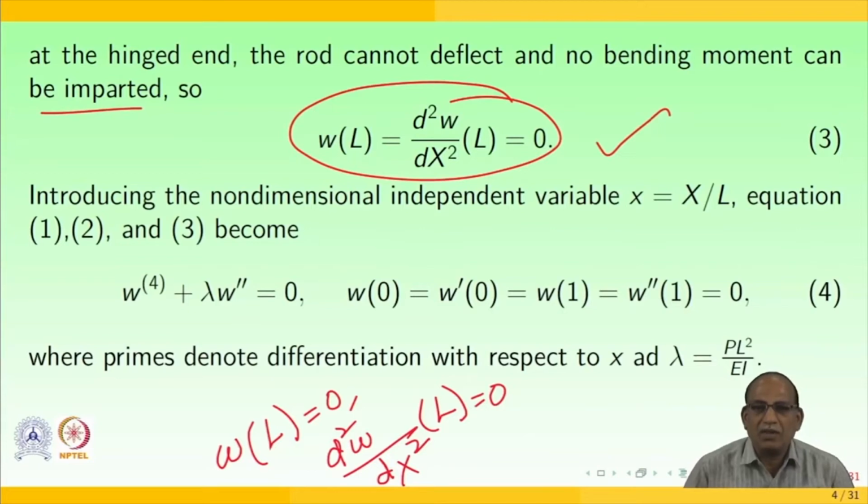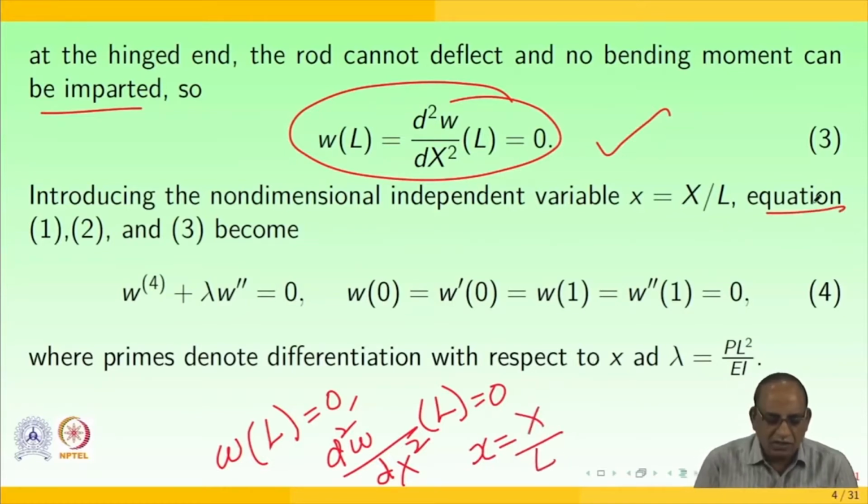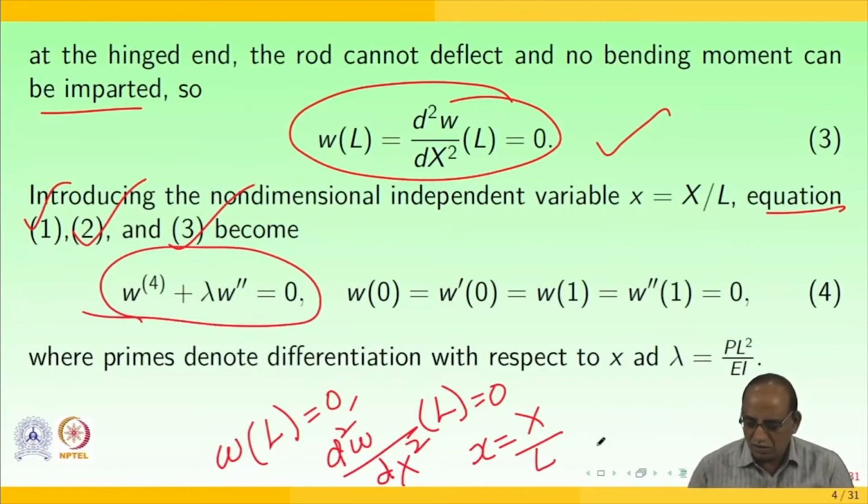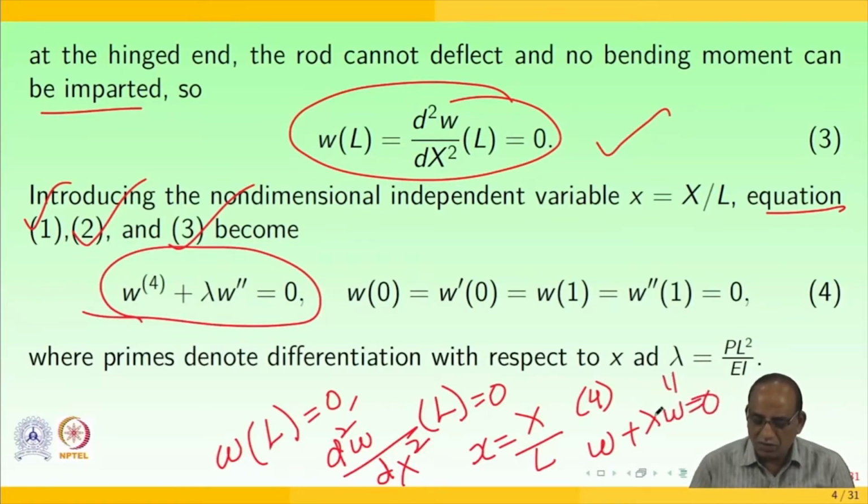Introducing the non-dimensional independent variable x equal to capital X by L, equations 1, 2 and 3 become like this: W'''' plus lambda times W'' is equal to 0.